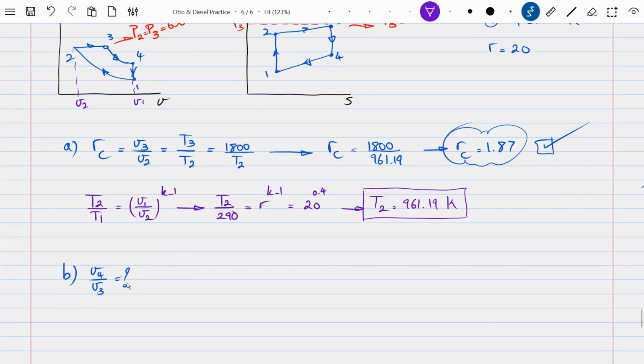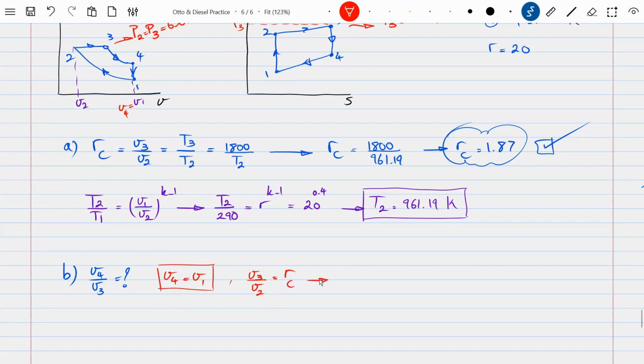So this one is a very interesting question, V4 to V3. What do we know about them? Now, what I know is that first V4 is equal to V1 from this diagram here. I also know that volume 3 over volume 2 is the cutoff ratio.